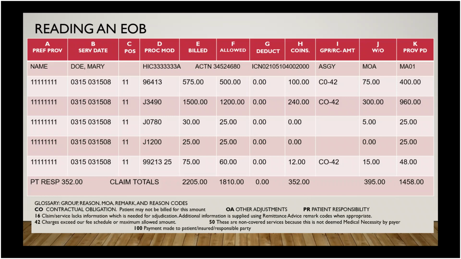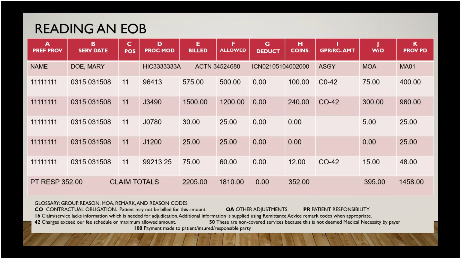So what we have here is reading an EOB. We have our preferred provider, our service date, point of service, procedure modifier, what was billed, what's allowed, the deductible, the coinsurance, the group RC amount, that's any kind of adjustment code, what's written off, and provider paid, again, what was paid to them.